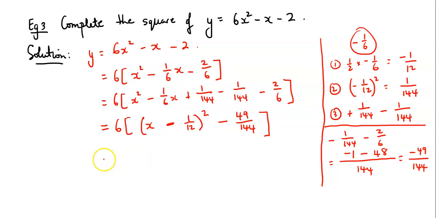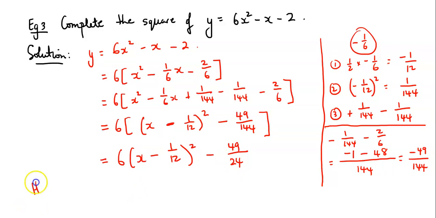Our final step: remove the square brackets. We have 6 open brackets, x minus 1 over 12 squared, minus 49 over, and 6 into 144 is 24.